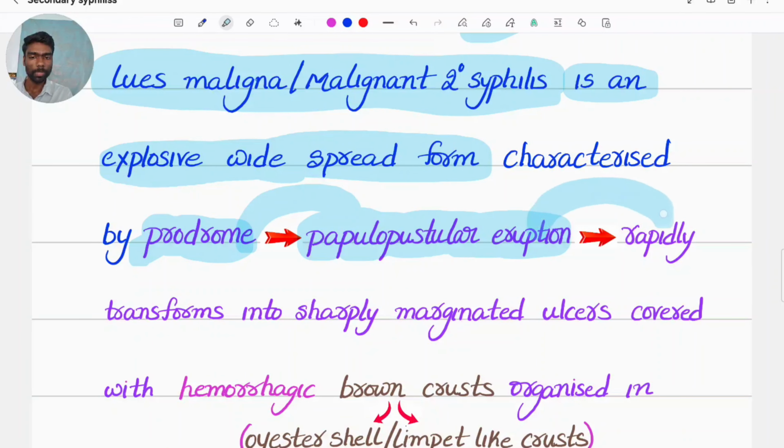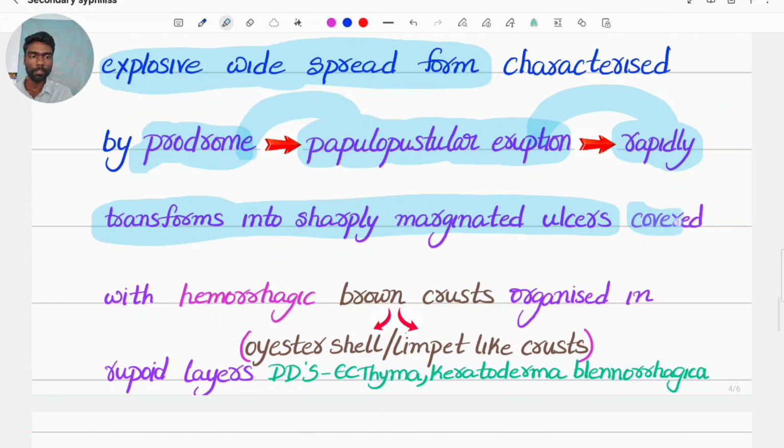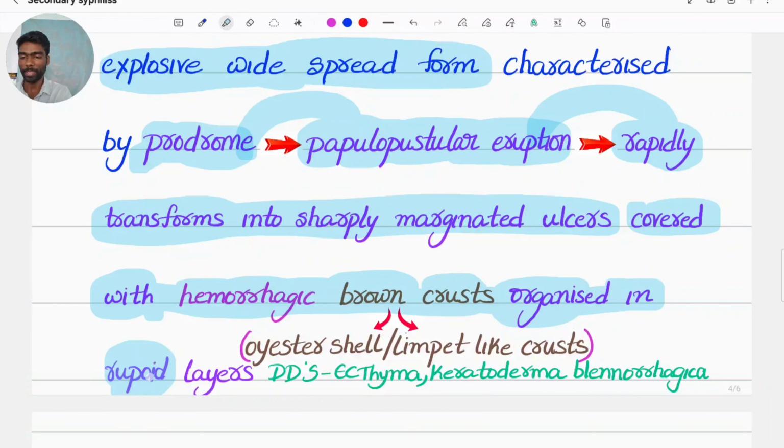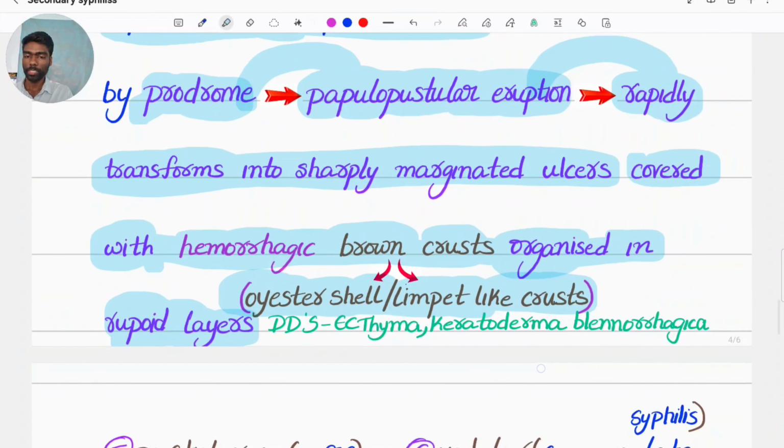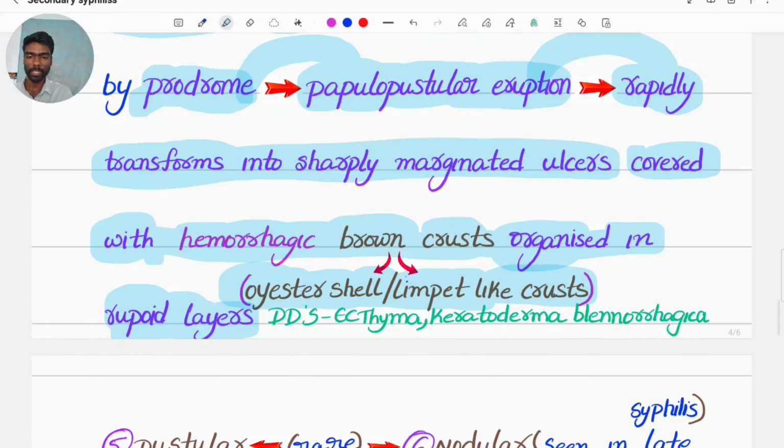Then followed by rapid transformation into sharply marginated ulcers, covered with characteristic hemorrhagic brown crusts organized in rupoid layers, hence the name rupial syphilide. These crusts are described as oyster shell or limpet-like crusts. Coming to DDs of rupial syphilide, ecthyma or keratoderma blennorrhagicum.